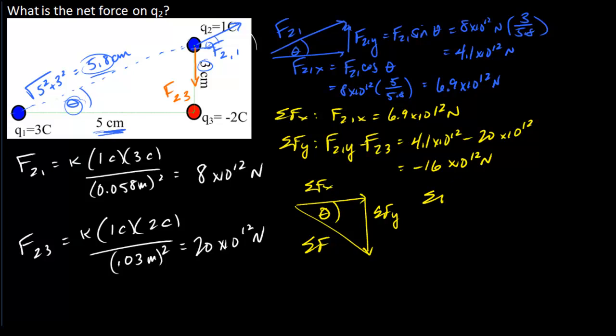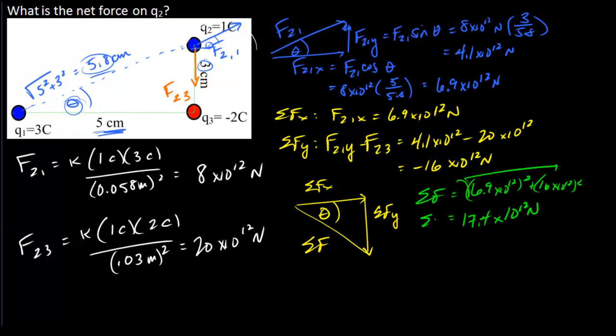So the total sum of the force is just going to be the square root of 6.9 times 10 to the 12th squared plus 16 times 10 to the 12th squared, which gives us a total force of about 17.4 times 10 to the 12 newtons.